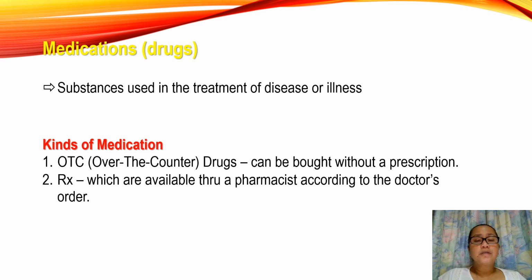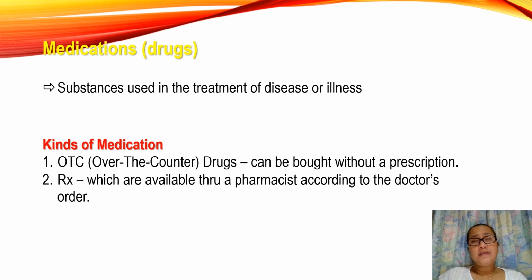What are the medications that could be purchased over the counter? Those medications which are considerably mild, just like your Biogesic, those Quenil S, what else? We have also your, ano pa ba? Mefenamic acid, or generic mefenamic acid, what else? So those are considered mild, and it has ill effect, but what do you mean ill effect?